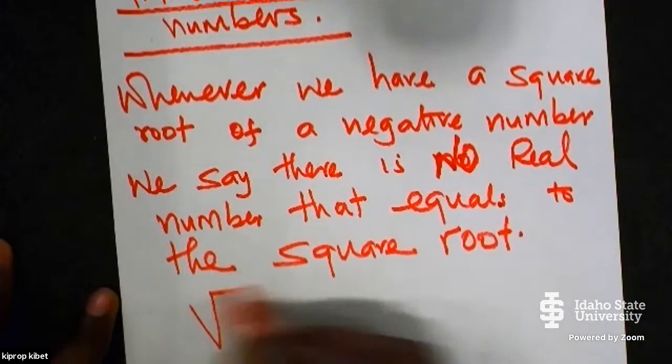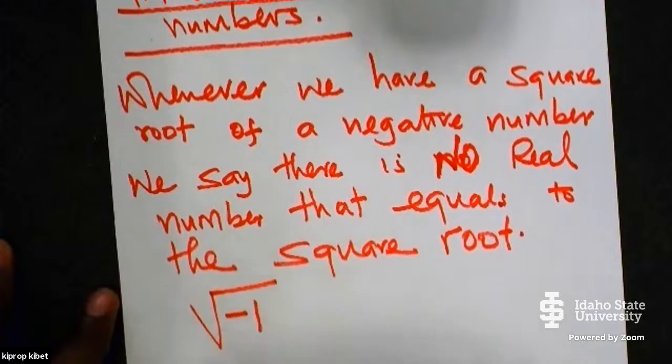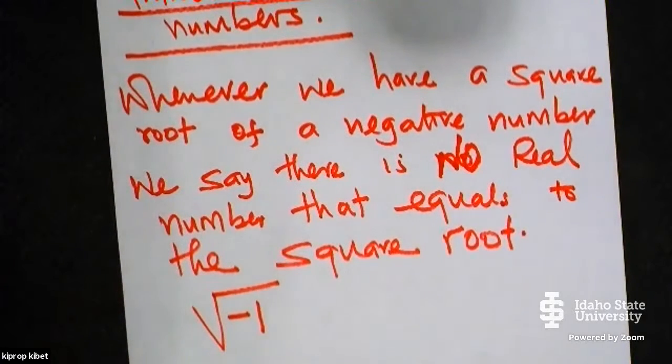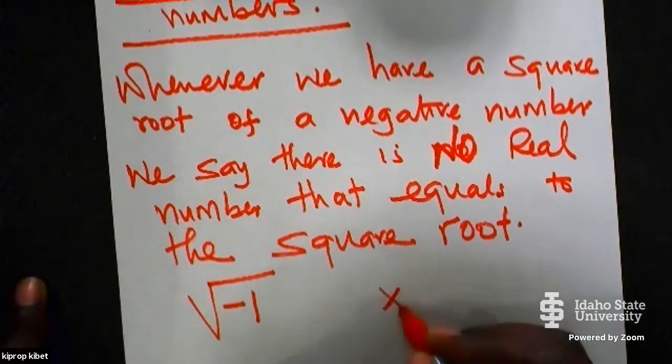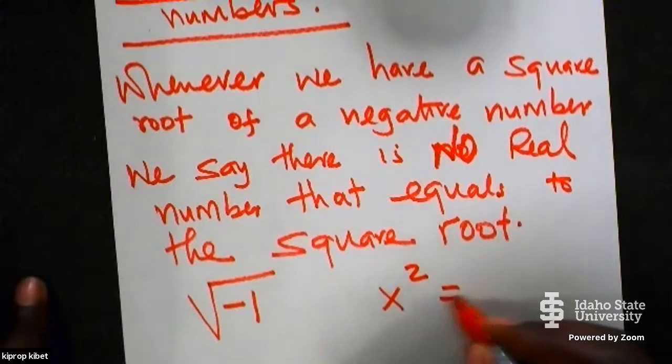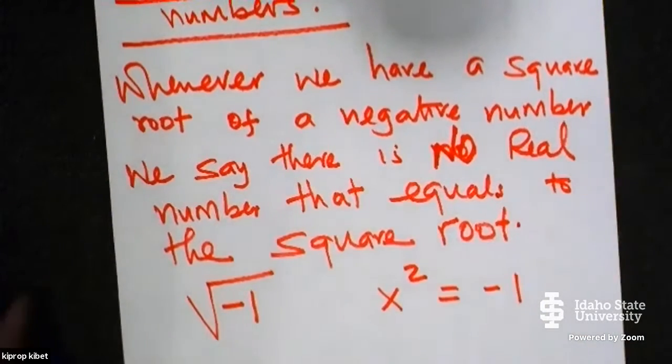So for example, the square root of -1. We are looking for a number x where x squared is equal to -1.